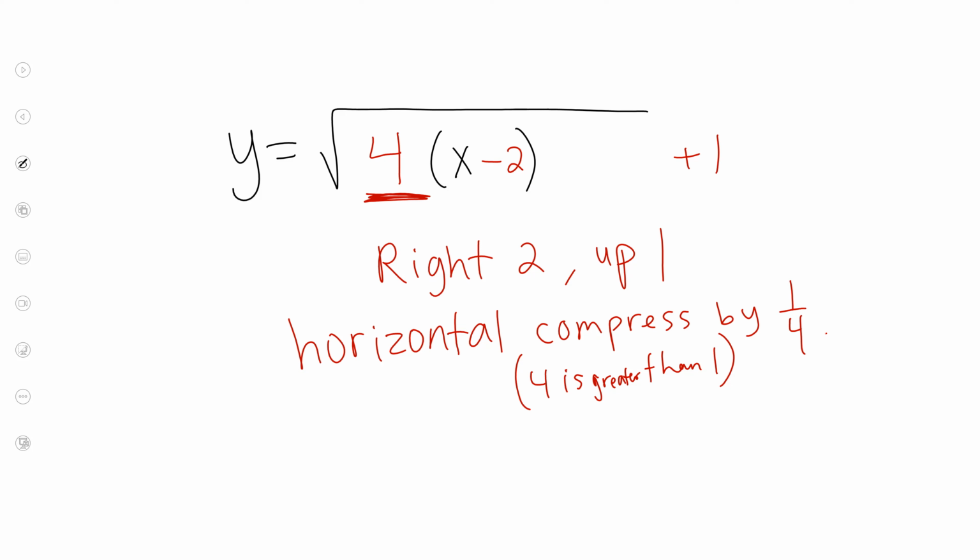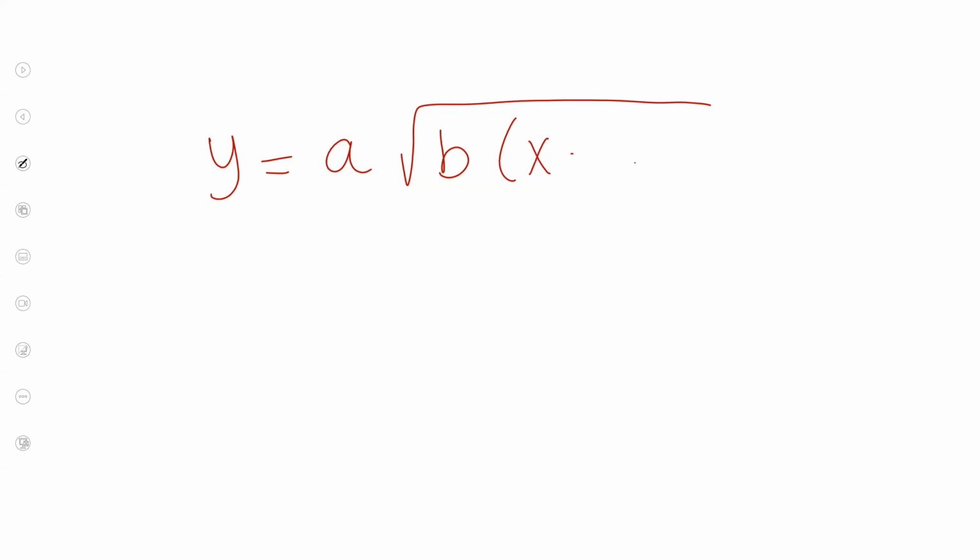Okay, so that's the only thing that's new. If you have a number in front and it's underneath the symbol, you'll use the word horizontal. Okay? So going back to the notes, this is the original format. You have an A value. We just learned about the B value.